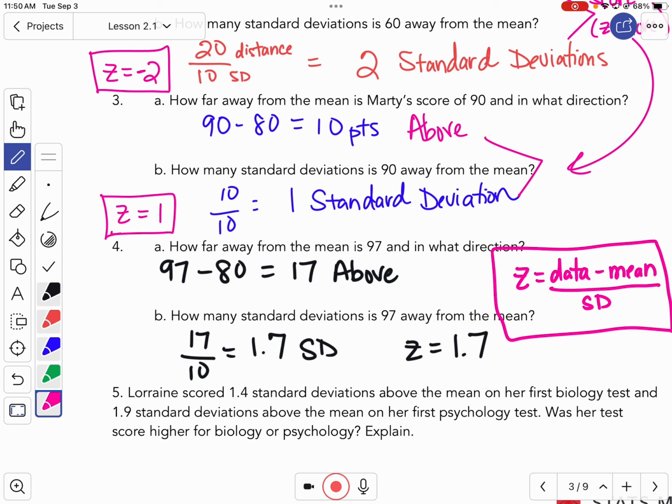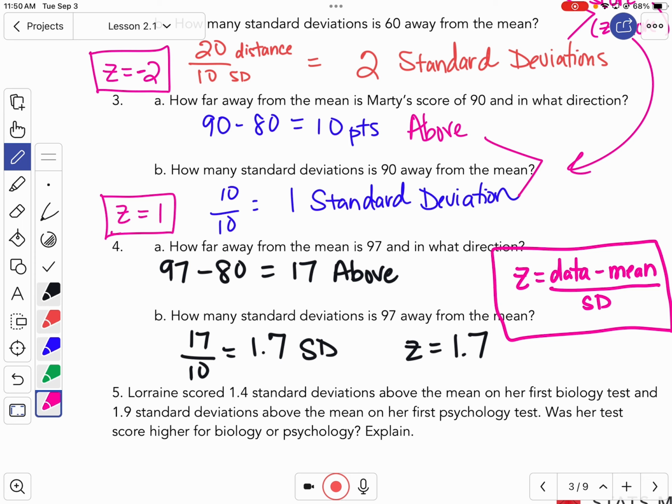We take our actual data point, in this case our actual score, which was 97. We subtracted the mean, and then we divided that answer by how long the standard deviation was. That's what we did in all three. So that's a z-score.